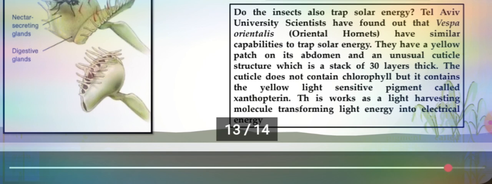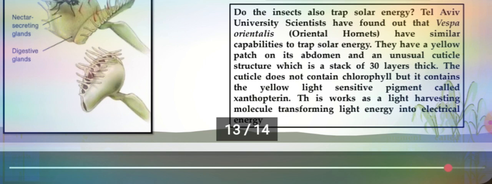What is cuticle? The outer skin. An unusual outer skin structure is found there. And that unusual cuticle is a stack of 30 layers thick.